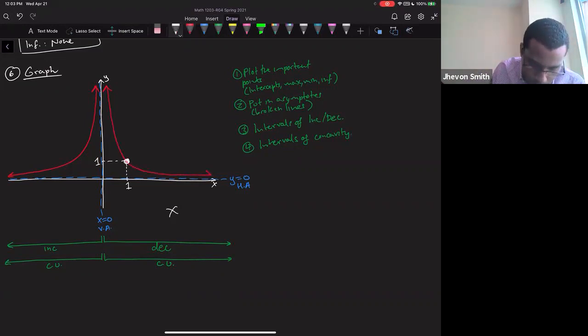Remember this one. Right? And that's the graph that we know and love, 1 over x squared.